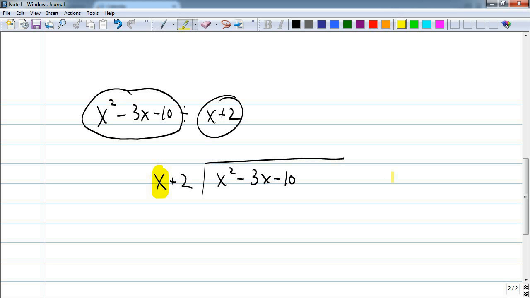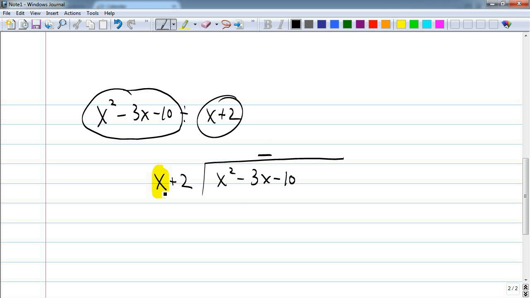I generally count how many terms I have in my divisor, and that's how many terms I go in my quotient. So I'm going to write the first term of my quotient here. This isn't mandatory, I think it's just easier to see when you're done.